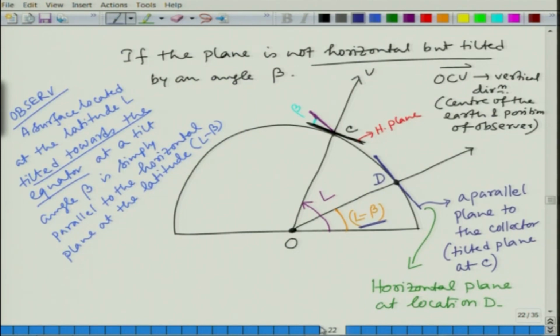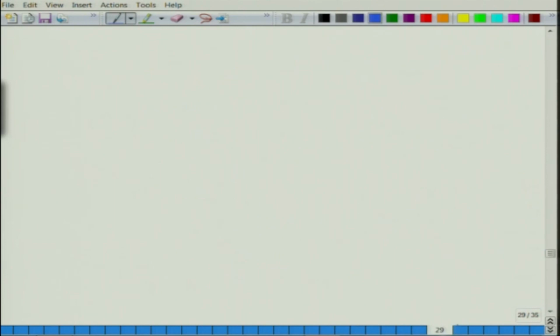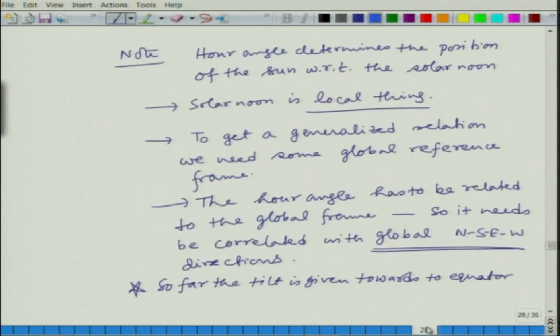So, here you note that I mentioned the tilt is given towards the equator. Okay. So, this particular assumption is there, but it may not be always true. So, we need to again generalize it.